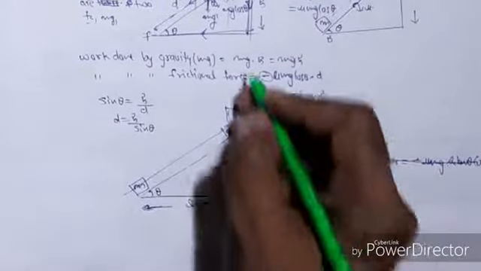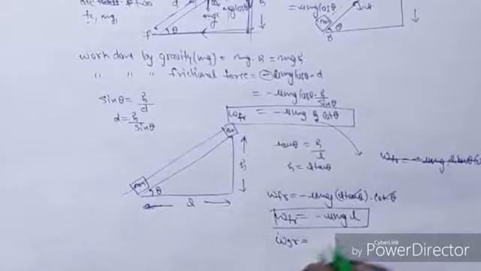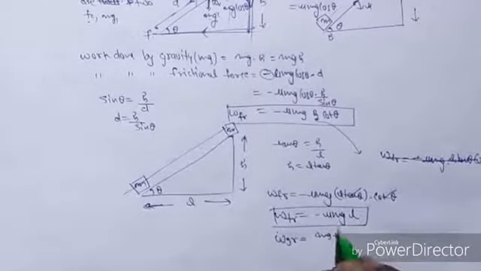In the same way, the work done by gravity is equal to mg times the wedge height.